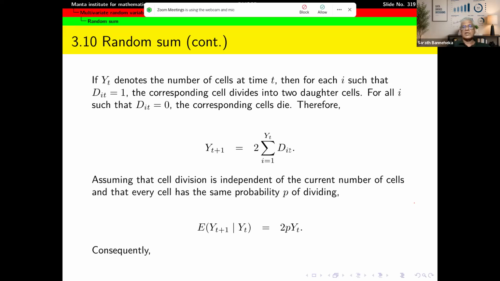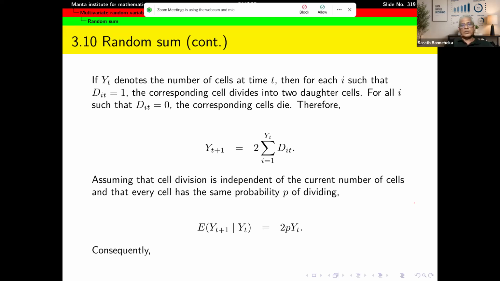When D_it is equal to 0, the corresponding value will be 0, right? So Y_t plus 1 will be twice the summation of D_it, where i is going from 1 to Y_t, where Y_t is random.